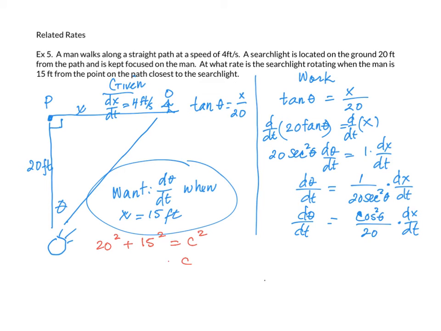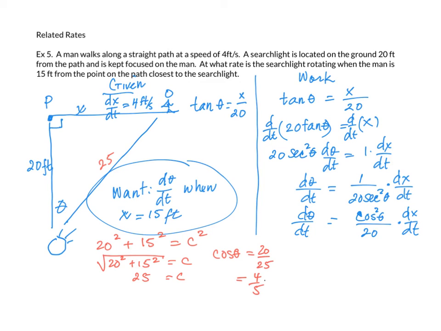So c equals the square root of 20 squared plus 15 squared. c equals 25. So cosine of theta equals adjacent, which is 20, next to the angle theta, over the hypotenuse, which is 25. Cosine theta equals 20 over 25, which is 4 over 5.